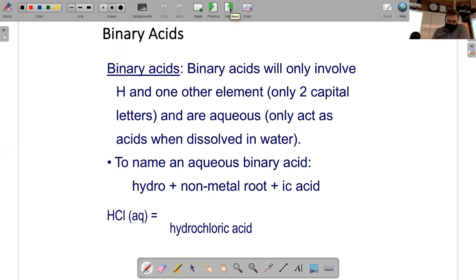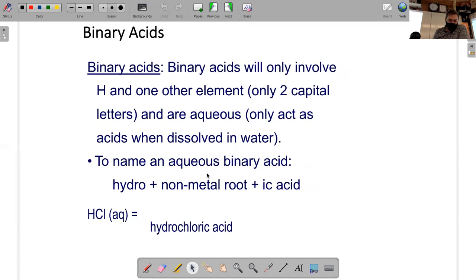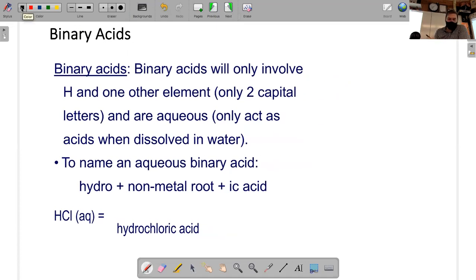So here's a thing to know. I probably mentioned this back when we did acids, and HCl is an excellent example. There is HCl as a gas. Hydrogen will bond with chlorine atoms to form a gas, and when it's a gas, that's called hydrogen chloride, because it's named the same way that you would name any other ionic compound.